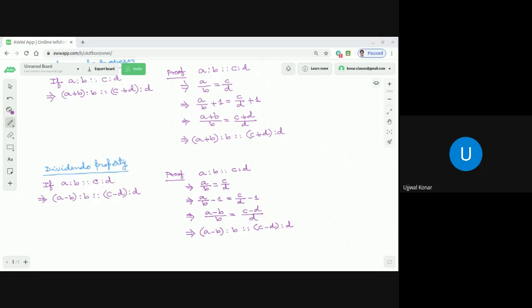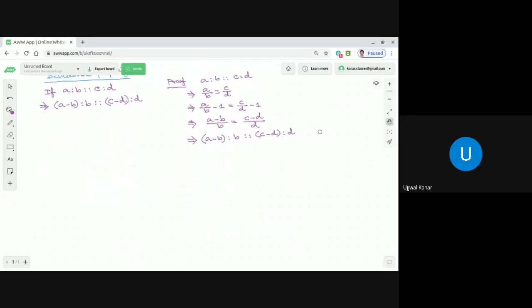The next property we are going to discuss is called the convertendo property. Let me show you this property. So what is this convertendo property?